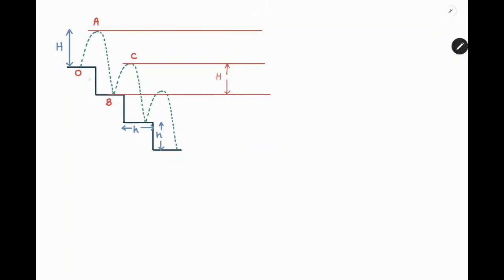So this height is a small h and the other one is capital H. From this height to this height is capital H. This one is also capital H. So these are the horizontal lines which we have drawn.